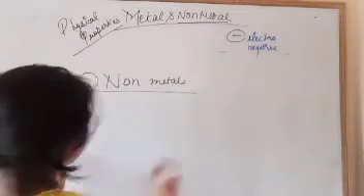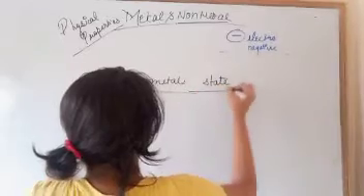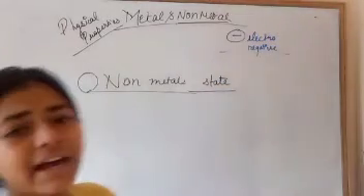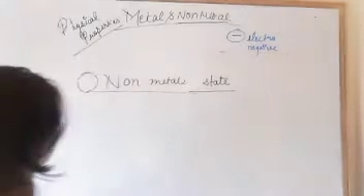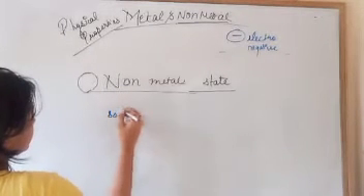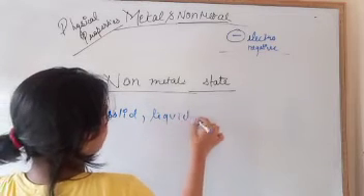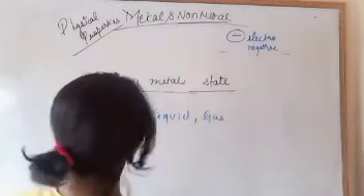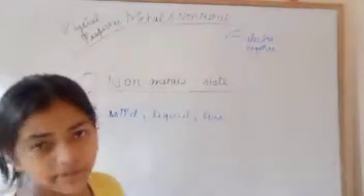The next is the state of non-metals. They occur in all three states at room temperature: solid, liquid and gas.